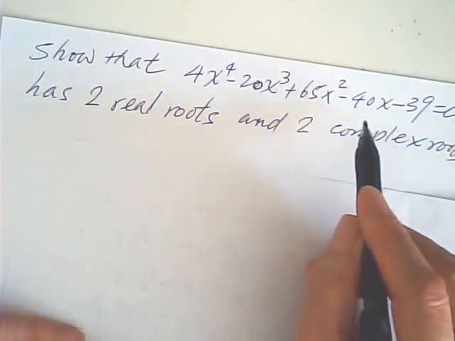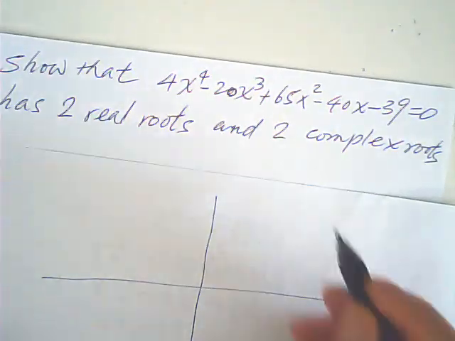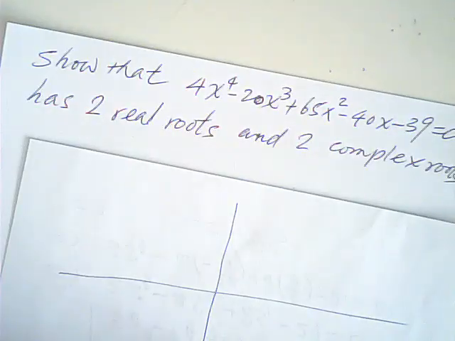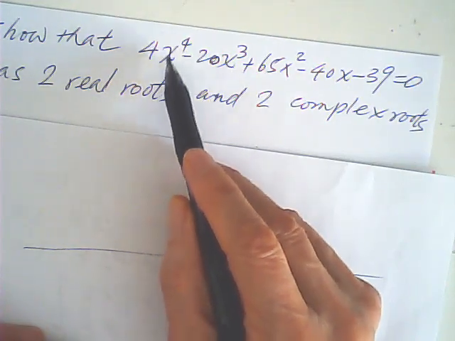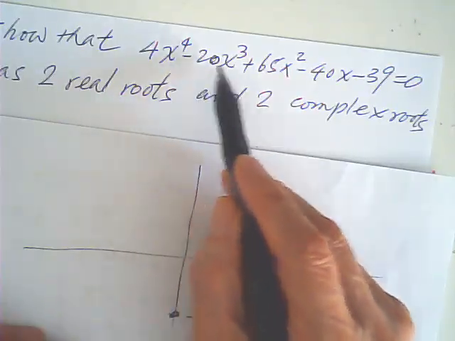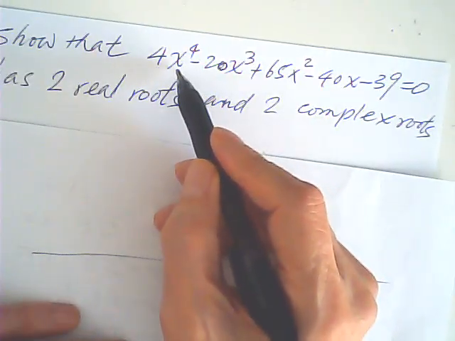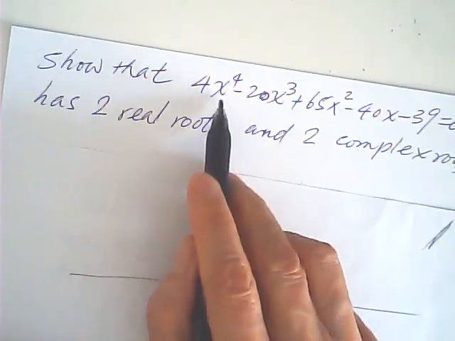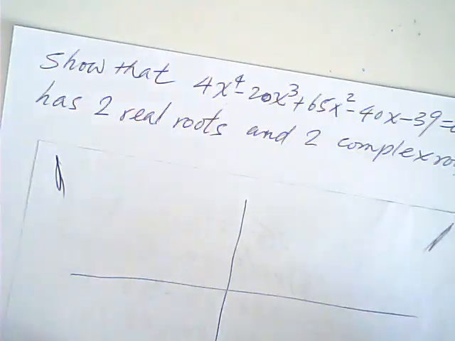Number two, now this polynomial, the intercept is minus 39. The dominating term is x to the fourth, dominating compared to the other terms. This is positive, so when x is a large positive number, the curve looks like this. When x is a very large negative number, it is like that, because this term is very large compared to other terms.